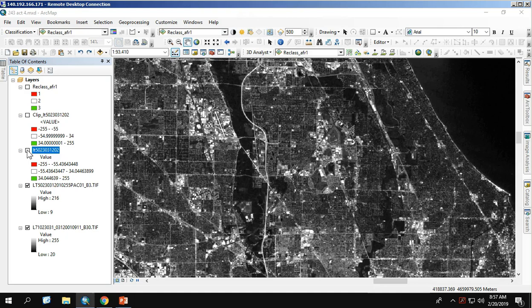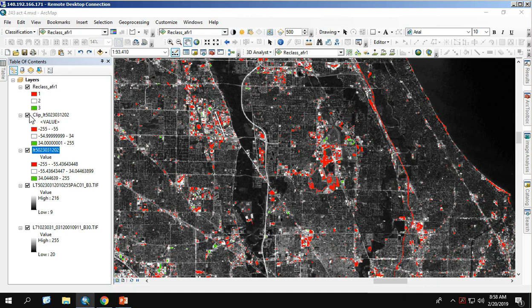Here's the raw difference image, ranging from negative 255 to positive 255. Then what I did is I clipped it. This is a clip of that same image. Then I did a reclassification.